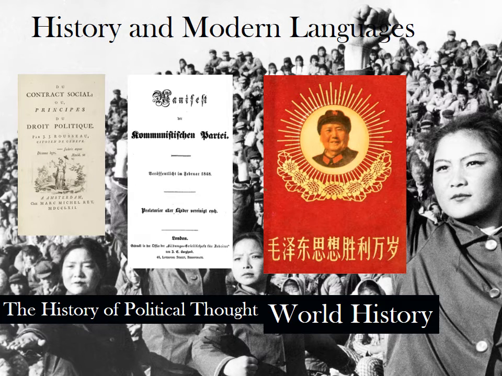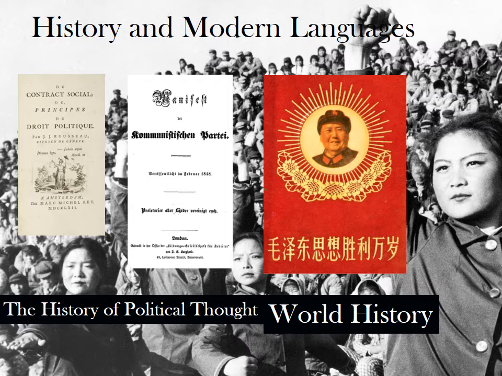It's important, in my view, to think of the legacies or implementations, if you want, of philosophical ideas, often European philosophical ideas, in a global context, in a world historical context.